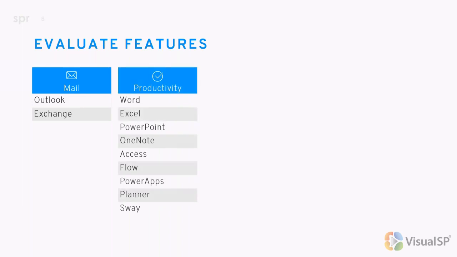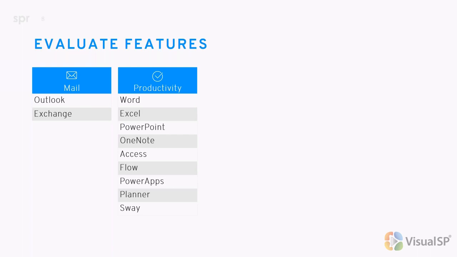But from there, it's sort of up in the air as to how you want to implement things. There are a lot of productivity features that you can implement on an as-needed or an ad hoc basis. You can implement, obviously, all of the desktop Office applications, including Word, Excel, PowerPoint, if you haven't already. But there are some differences when you implement them from Office 365 licensing versus a rollout from an on-premises rollout.